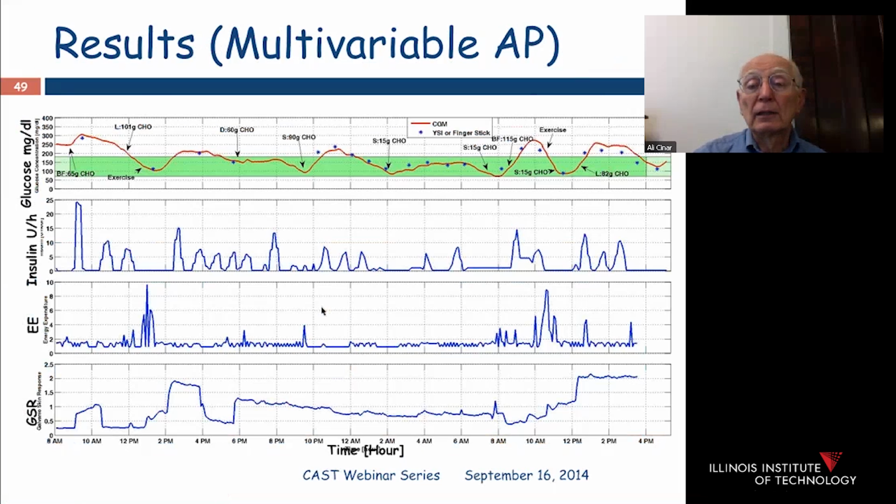And this is one of the results from clinical studies. And what I would like to show in here is that the energy expenditure when that person was exercising shows a significant change.